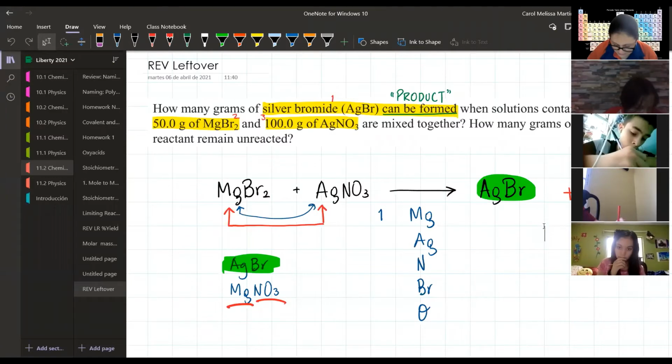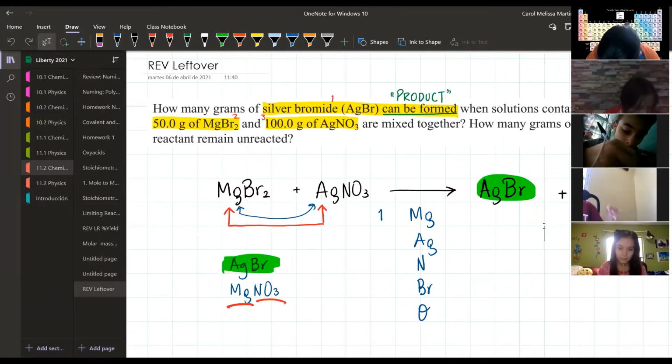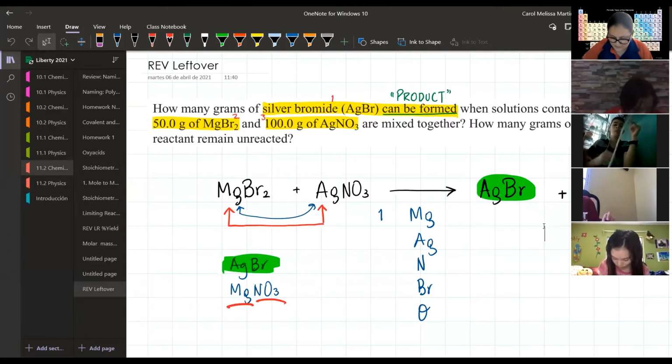So my second product right here is not unknown anymore. Now you know that it has magnesium and nitrate. But remember something. Atoms have valence electrons. So the valence electron for magnesium, how much is that?